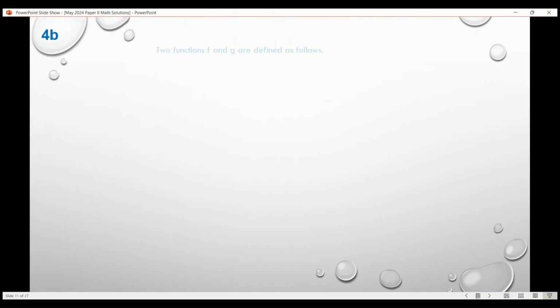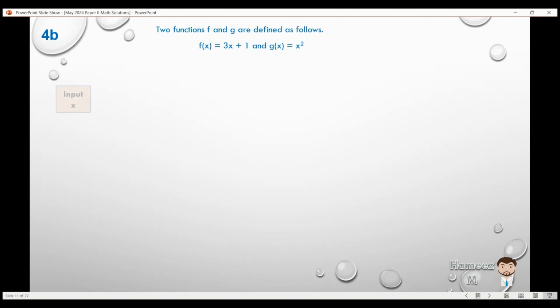Number 4b. Two functions f and g are defined as follows. f of x is equal to 3x plus 1 and g of x is equal to x squared. So we would like to bring it up in a different format from what we're accustomed to, so we can use it like it's a flowchart. If we consider our input for f of x to be x, what does 3x mean?